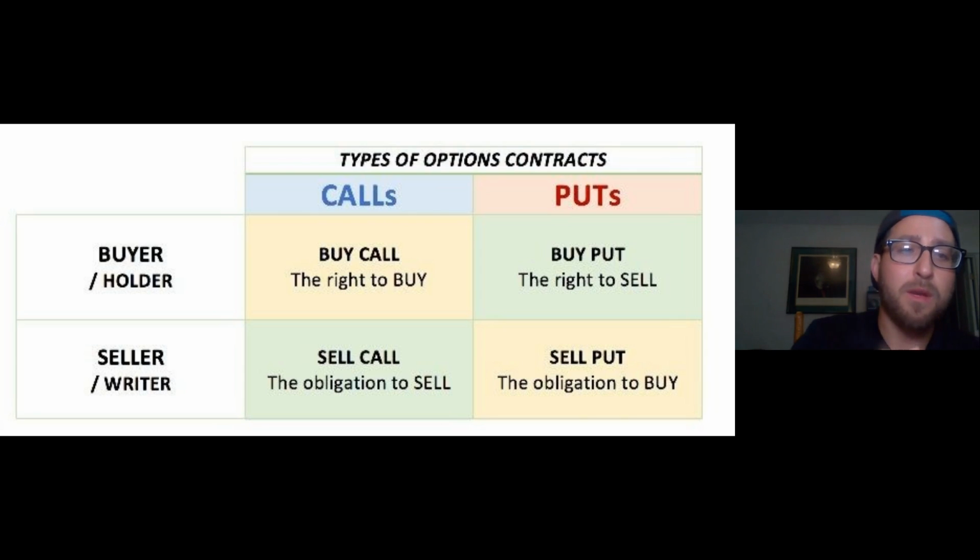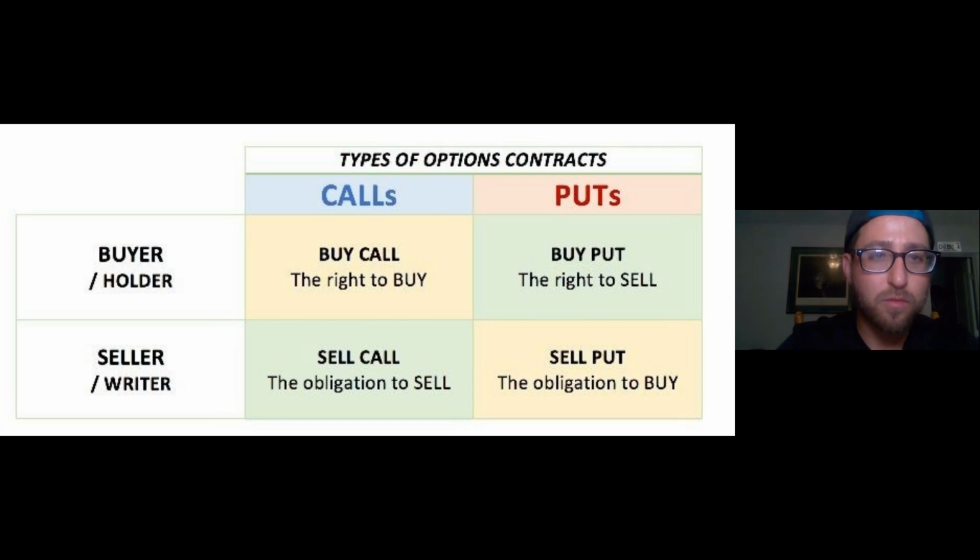So if we know what a buy a call is, the opposite of a buy a call is buy a put. And if we sell a call, the opposite is sell a put. So let's break that down. So buy a call, we want the price to go up. So let's go ahead and draw on here.